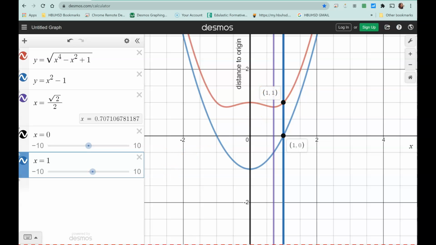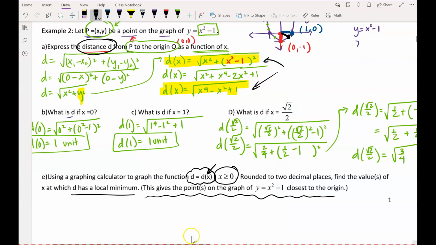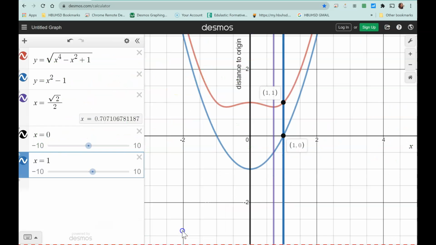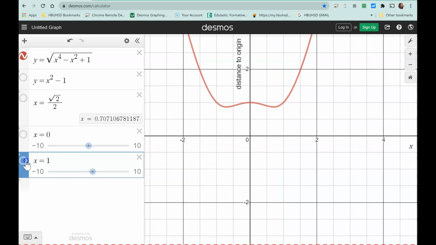So now your question E says, using a graphing calculator to graph the function. We did that, which I would need you guys to sketch out. For this one, it's asking you to use a calculator, so you can use decimals or your calculator as long as you sketch it out. Find the values of x in which d is a minimum. So let's go back to decimal. Okay, so d is a minimum, which I'm going to unhighlight these things, so we don't need these for now.